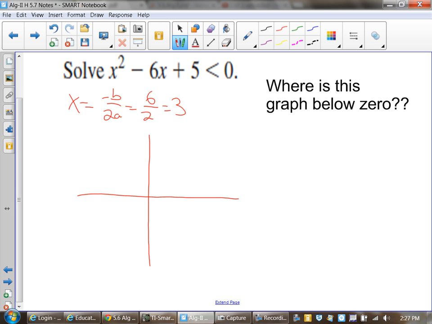Do I have to go this route to do this? No. So I know my vertex is going to have the x component of 3. What's 3 squared? 9. What's 9 minus 18? Negative 9. What's negative 9 and 5? Negative 4. So my vertex is at 3, negative 4.